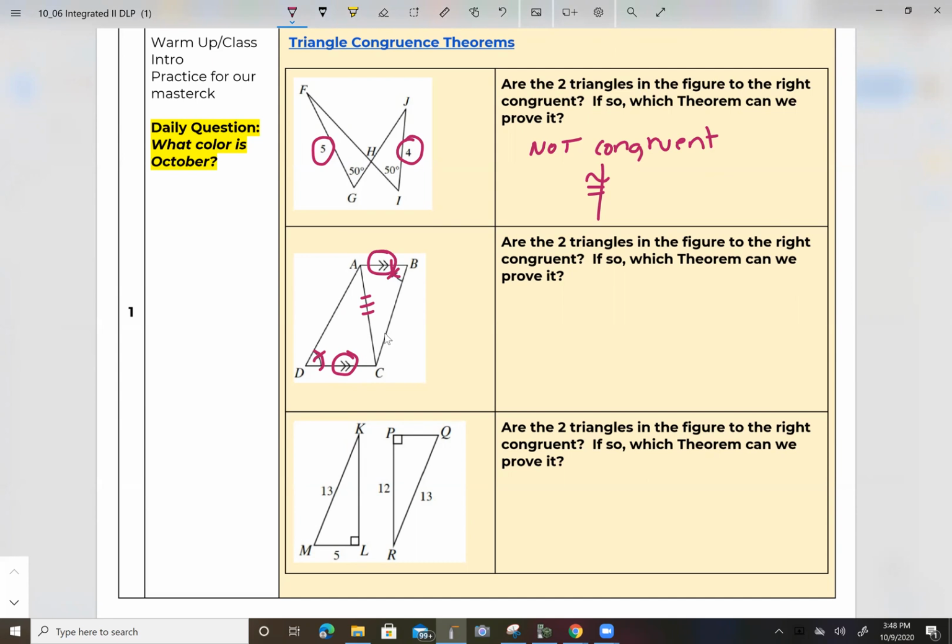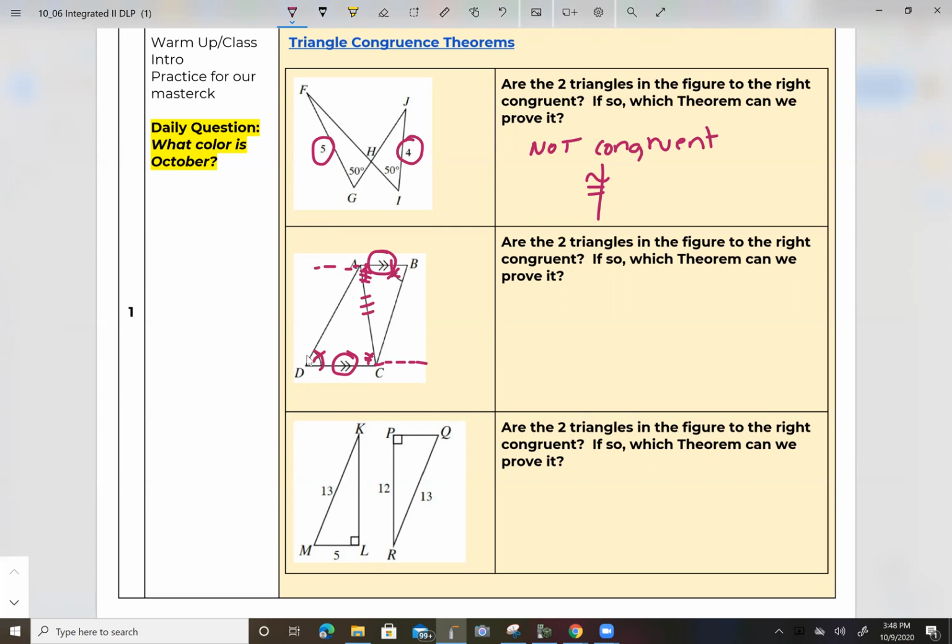Do we have any other? Do we have like an alternate? Oh yeah, this angle, there we go, you guys, I see it. This angle and this angle are alternate interior angles, like if I drew this line out and pretended those other lines weren't there.